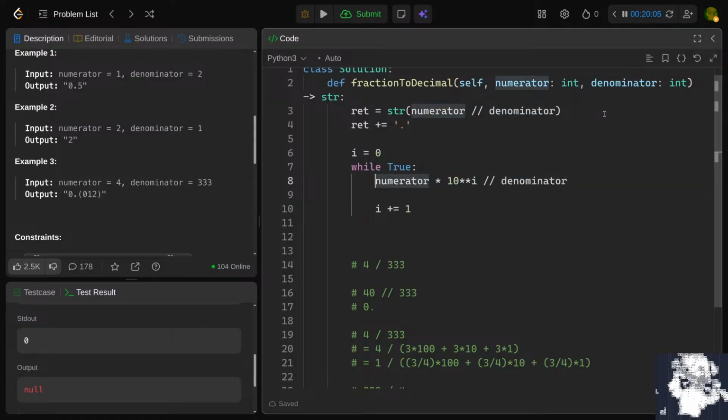That's going to give you the next digit. No. That's going to give you every digit.